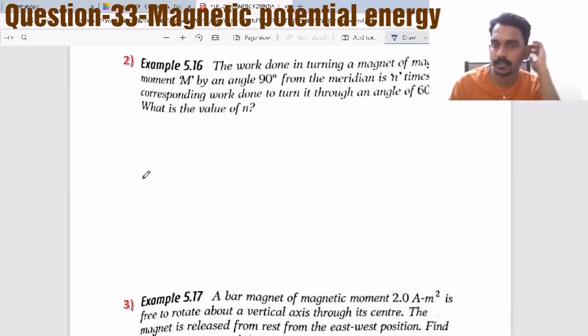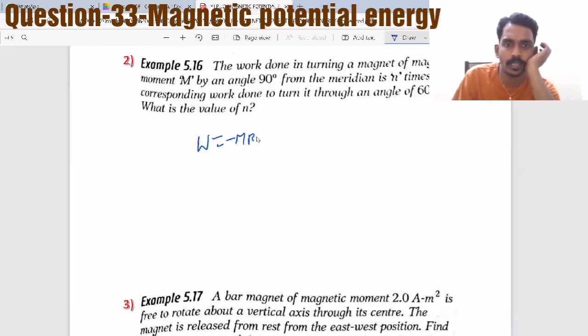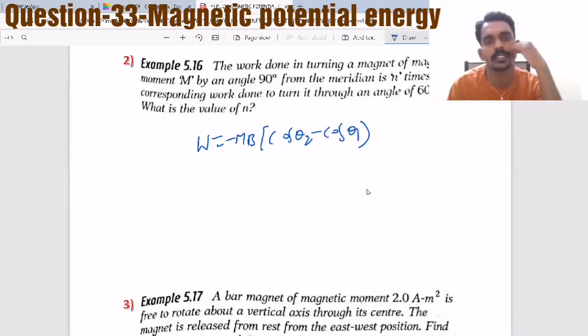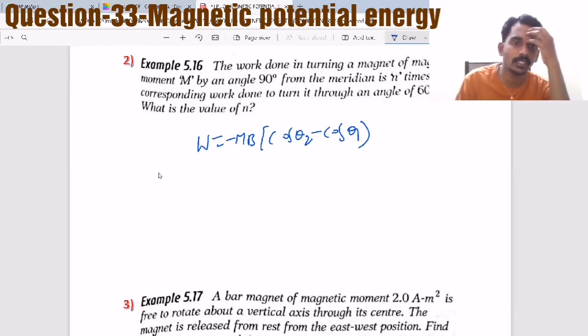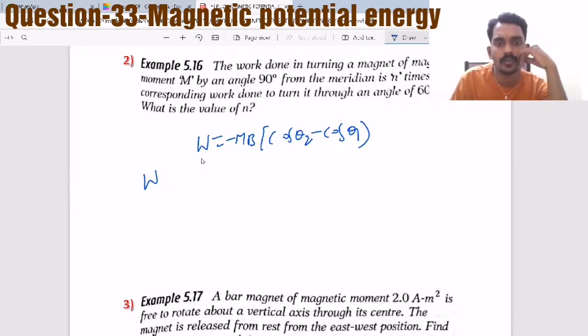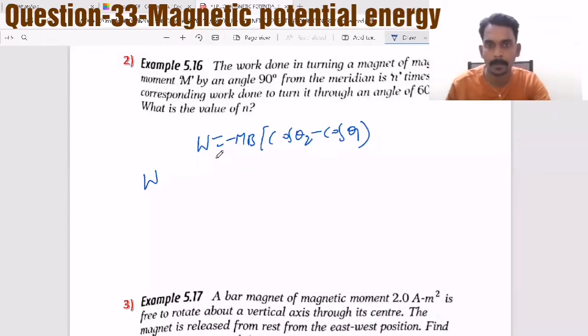From the meridian means... now see here, work done is minus mb into cos theta 2 minus cos theta 1. This is the work done. Now, work done in rotating from the meridian by an angle of 90 degrees: from the meridian means theta 1 is 0 degrees.